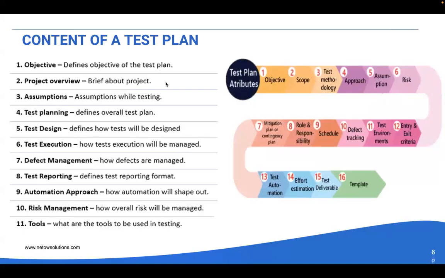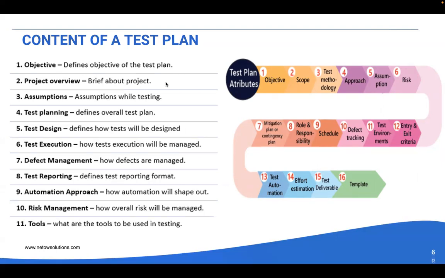So the contents of a test plan are: objective, project overview, assumptions, test planning, test design, test execution, defect management, test reporting, automation approach, risk management, and tools. Basically, the objective defines what the test plan is all about, just like a short briefing.